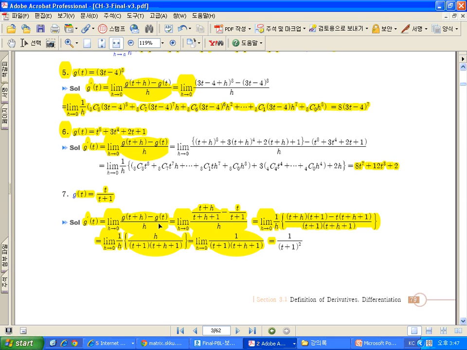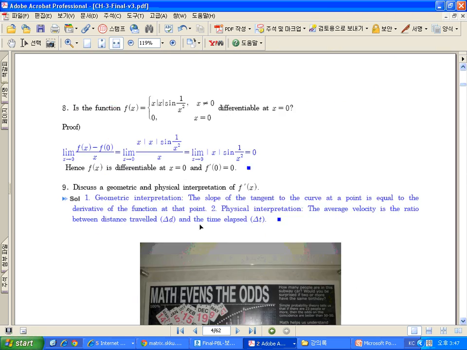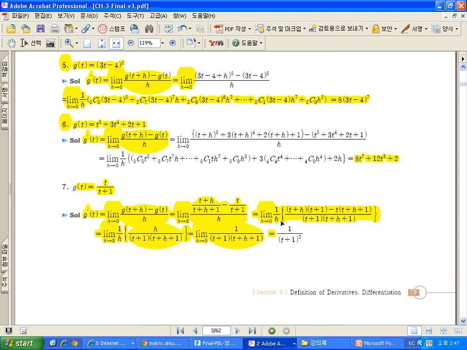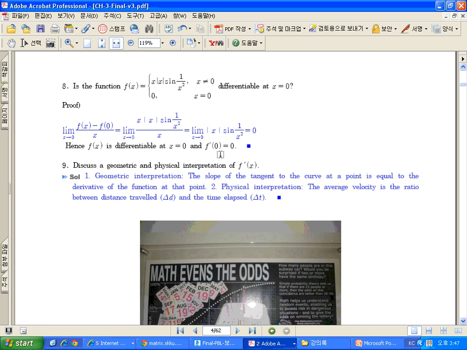Finding derivatives by using the definition, if the function is simple, then it is very nice to do so. But if functions are getting complicated, then the computations are too tedious. So in the next section, we will find an easier way of finding the derivatives.